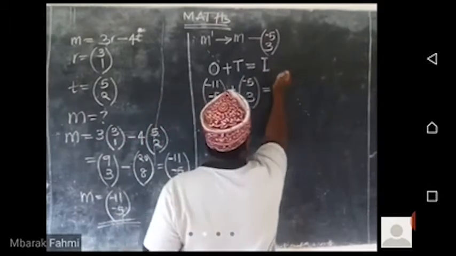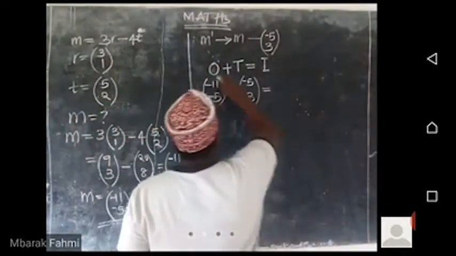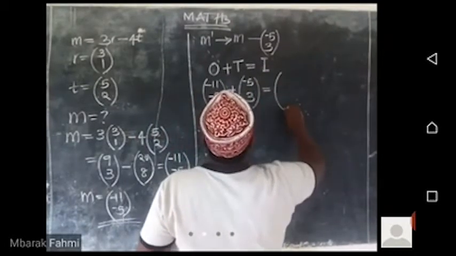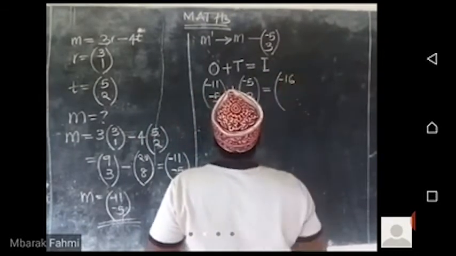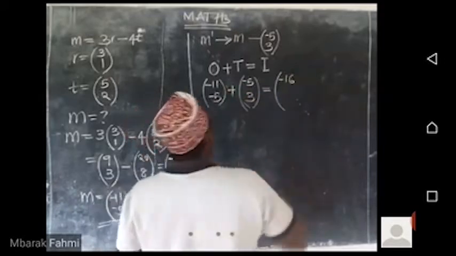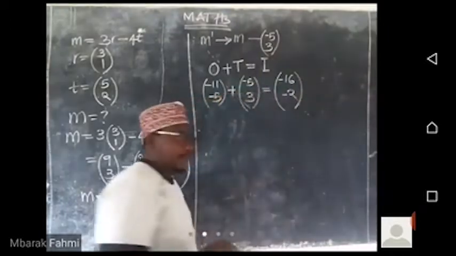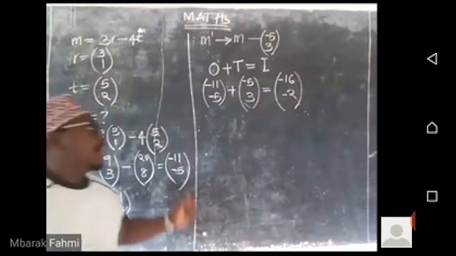Whatever we get is m prime, the image. Negative 11 plus negative 5 is negative 16. Then negative 5 plus 3 is negative 2. Therefore the image m prime is equal to (negative 16, negative 2).